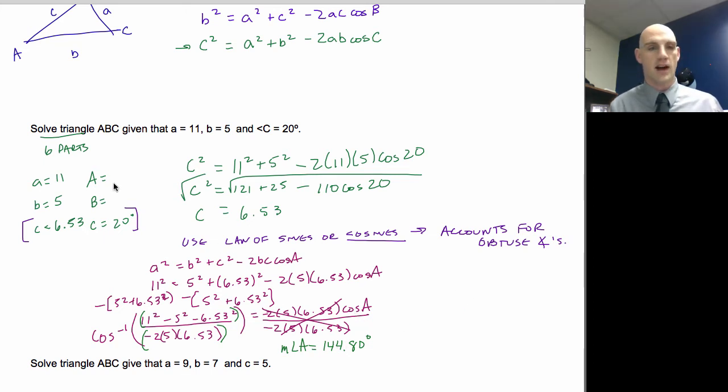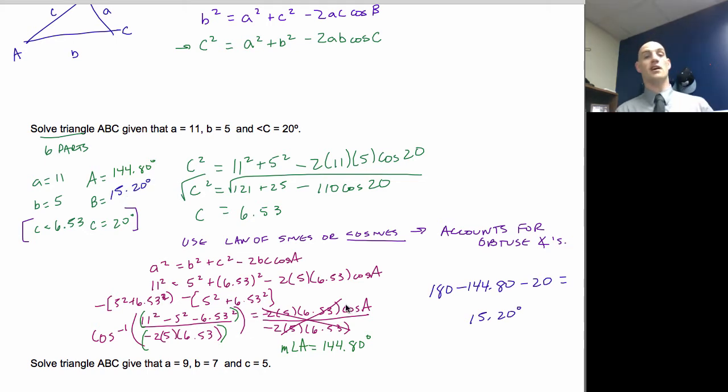Well, that means that I now have this one, and I have my C equals 20. So to find my third angle, I'm going to do 180 minus 144.80 minus 20, and that's going to be equal to 15.20 degrees left over.